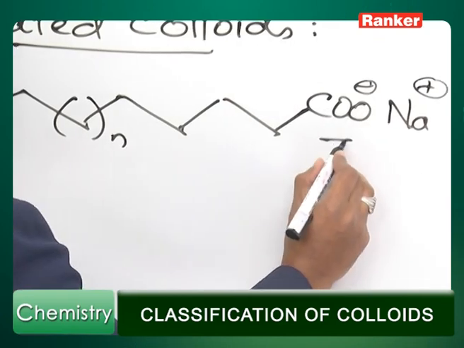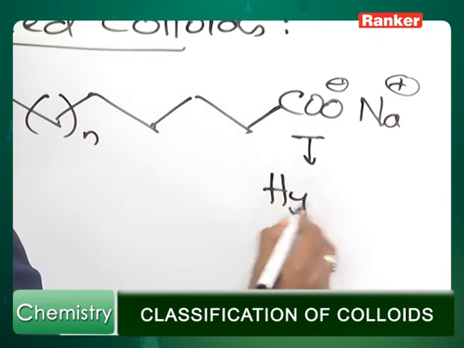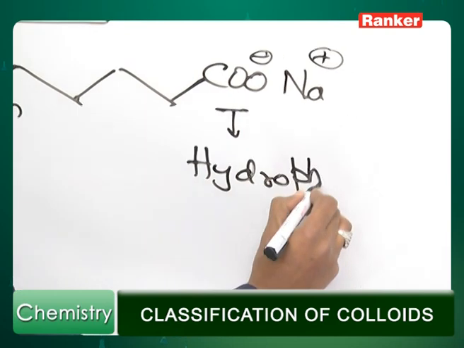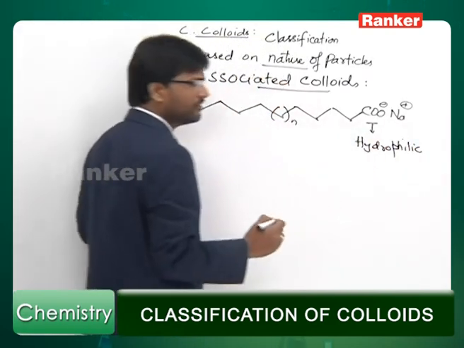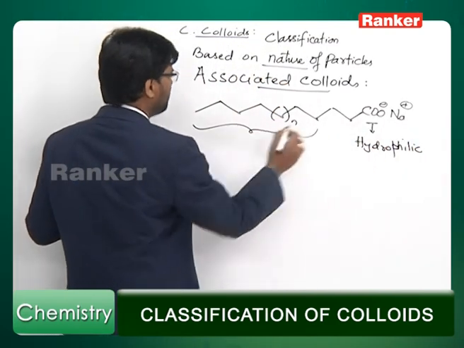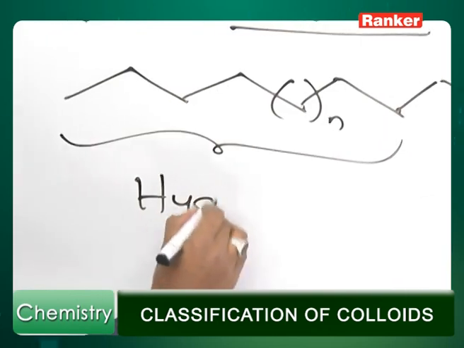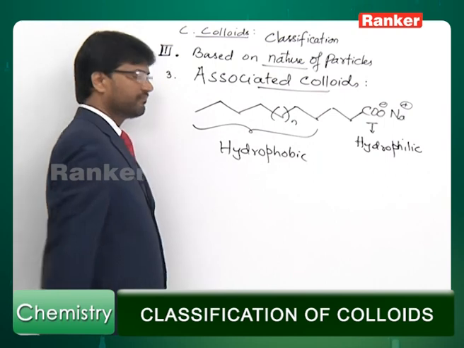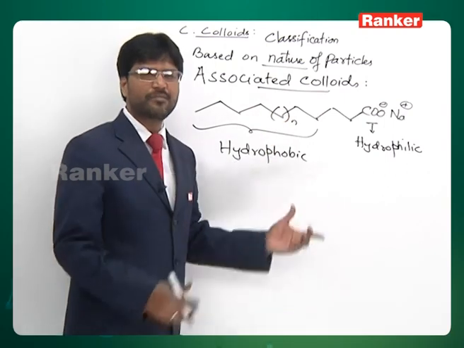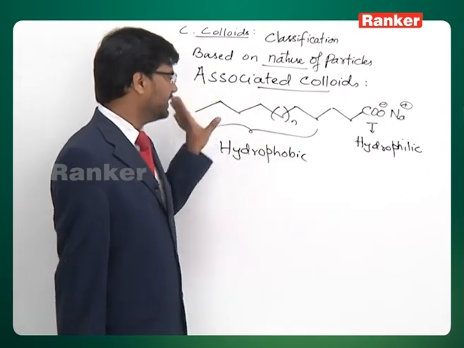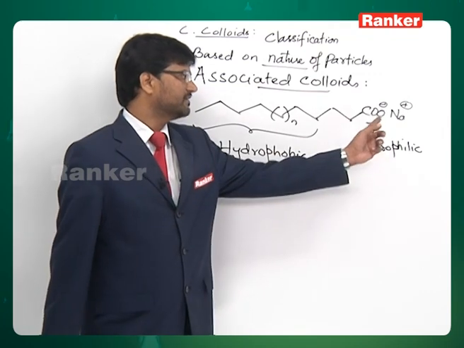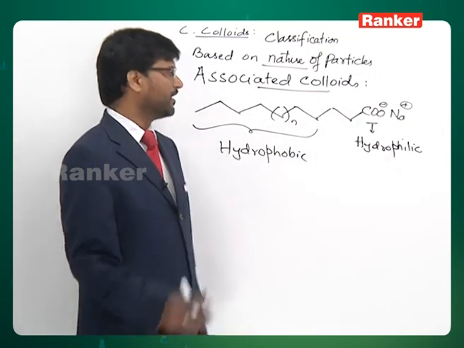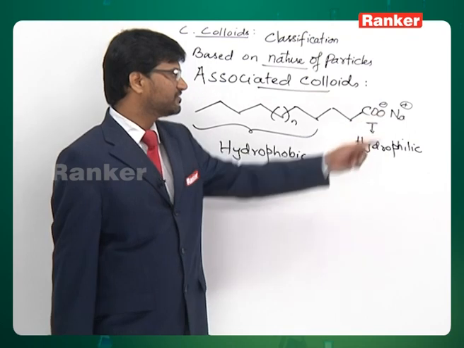While this part of the molecule is hydrophilic, it tends to stay in water, whereas this part of it is hydrophobic. This is the hydrocarbon tail, which is hydrophobic, and the carboxylate part of it is hydrophilic because of its polarity.